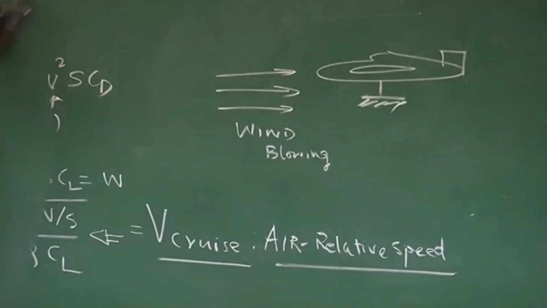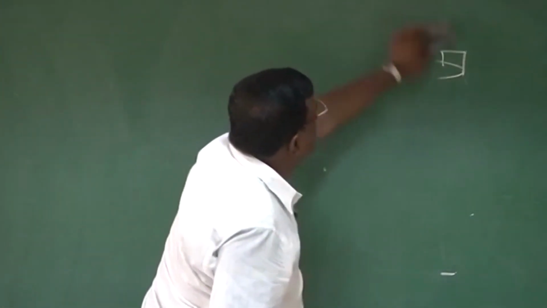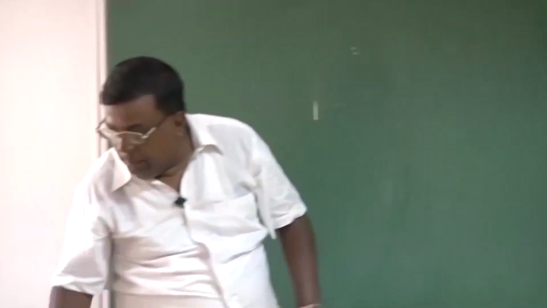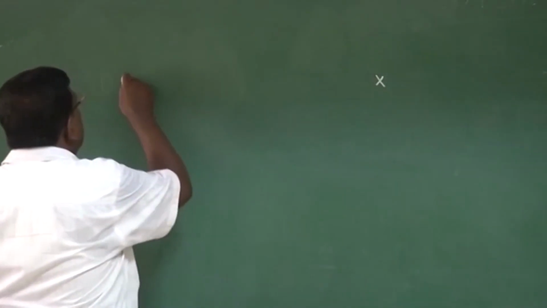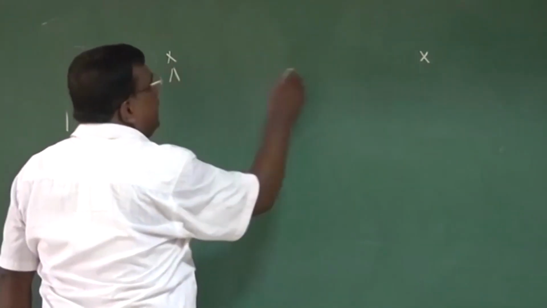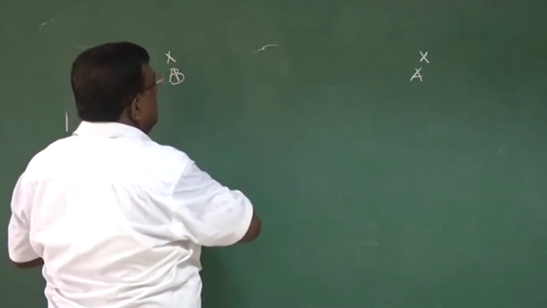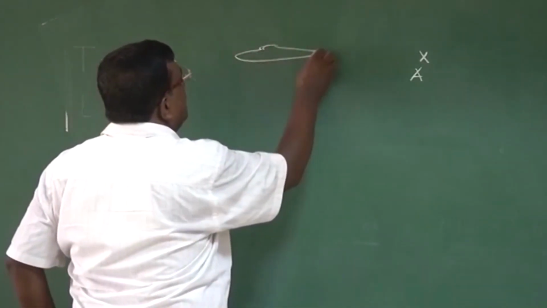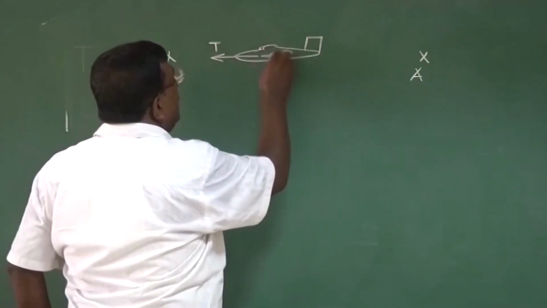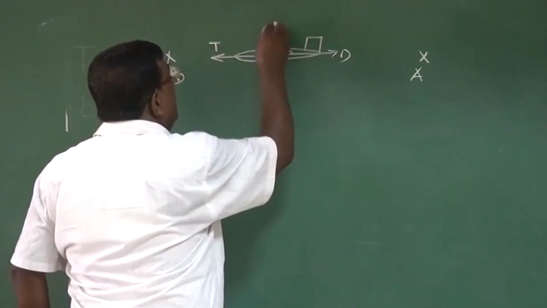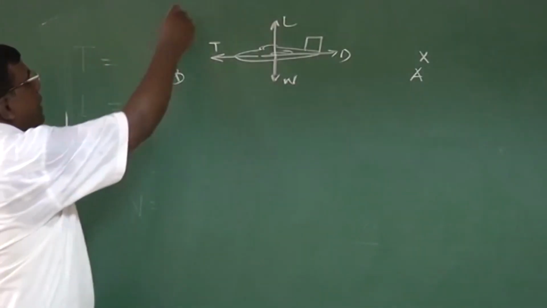Okay, now let us go a little bit deeper into this. Let us do an example. Suppose I want to reach from point A to point B, and I am flying like this. And I am assuming that there is no wind.